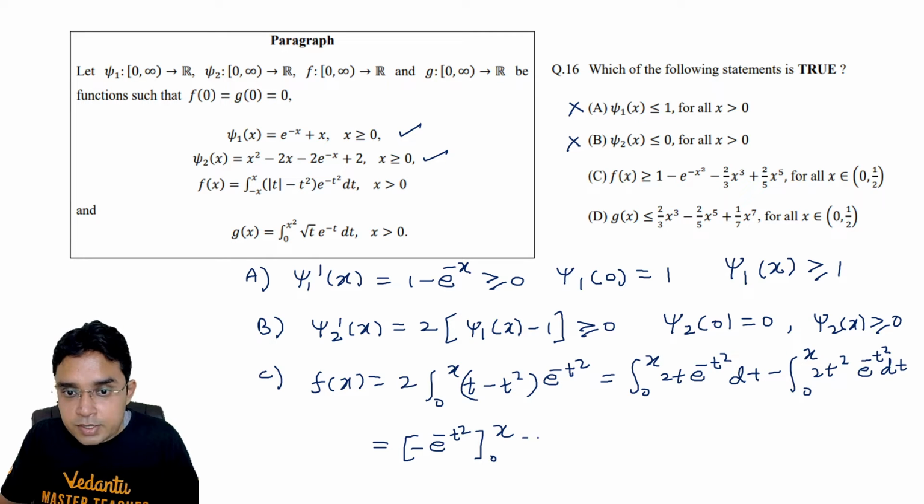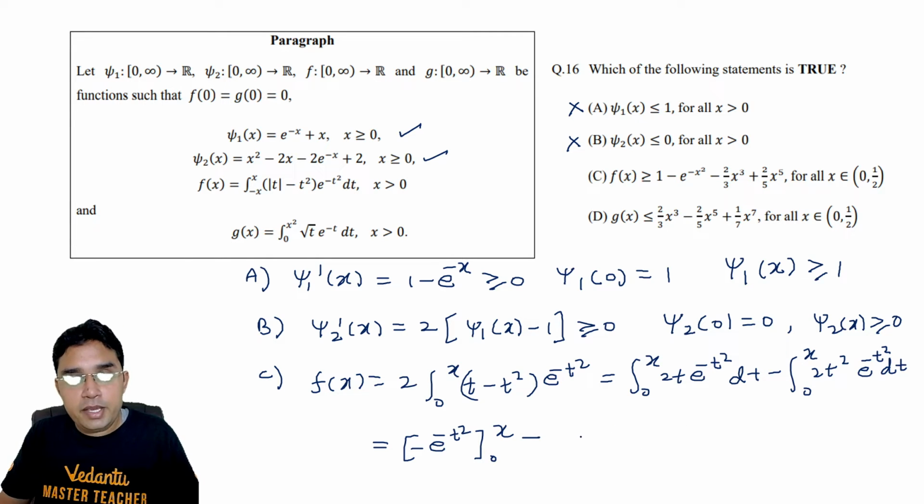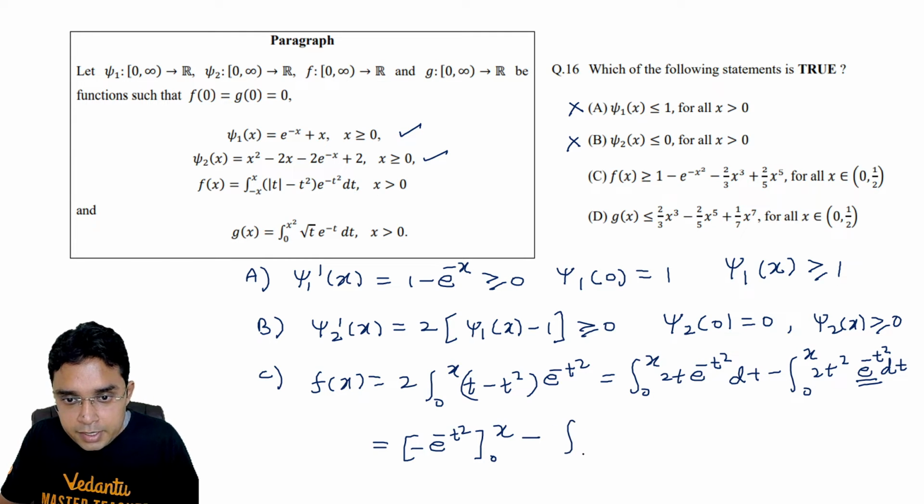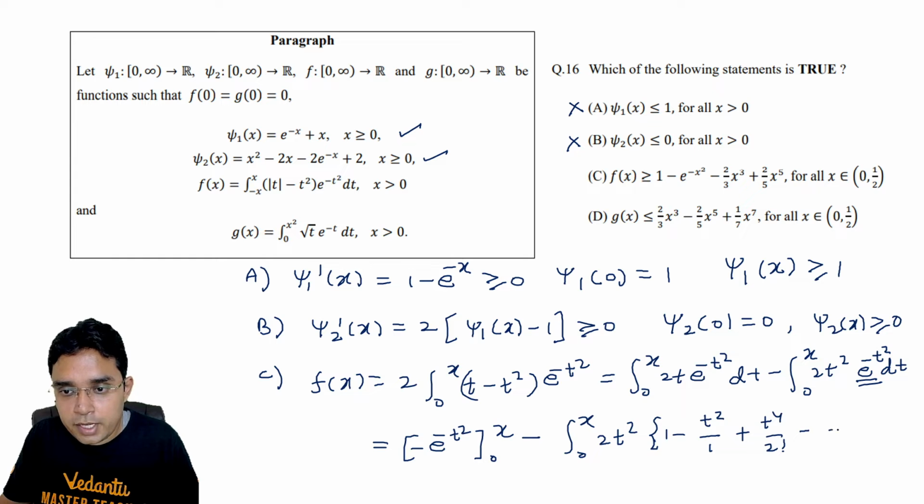And here this is not integrable, but we can try to integrate it using the limits, by doing the expansion of e power minus t square. Now to do this, we can write it as the integral of 0 to x of 2t square times (1 minus t square upon 1 factorial plus t power 4 upon 2 factorial and so on).